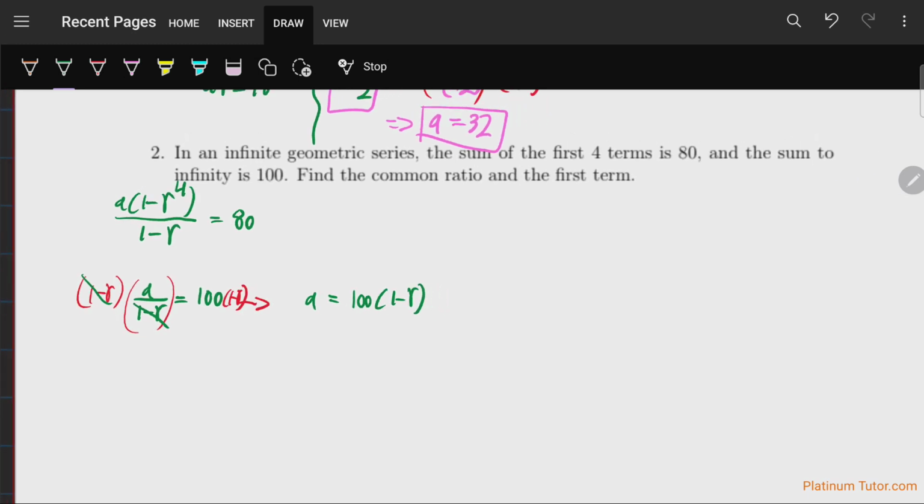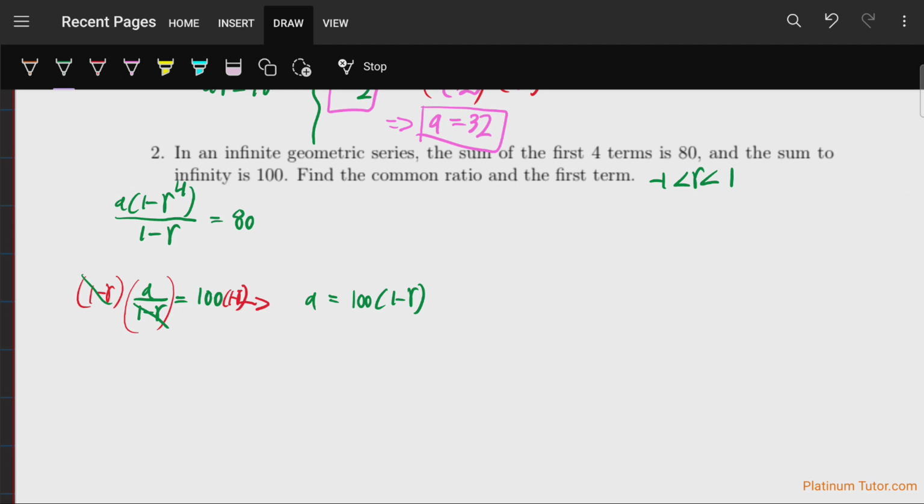And by the way, I forgot to mention this earlier, but the fact that they tell us the infinite sum is 100 means that this is convergent, right? It means that r is between -1 and 1. So we should expect r to come out to a number between -1 and 1.